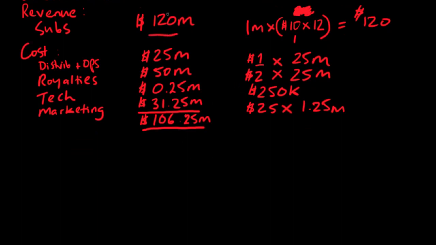We've got our revenues of 120 million. We've got our costs of 106 million. So in our first year, our earnings before interest and tax are going to be $13 million.